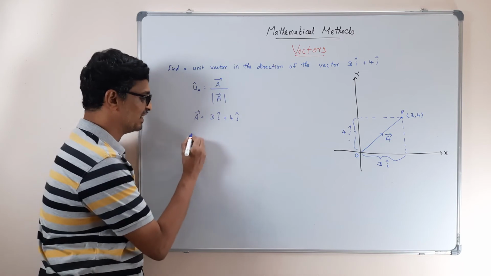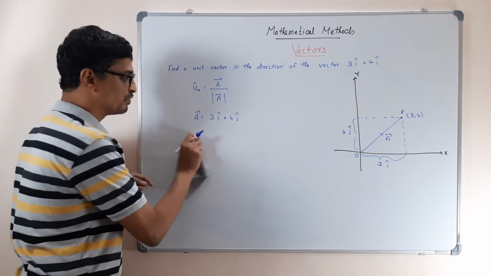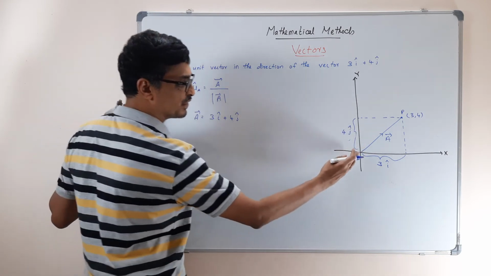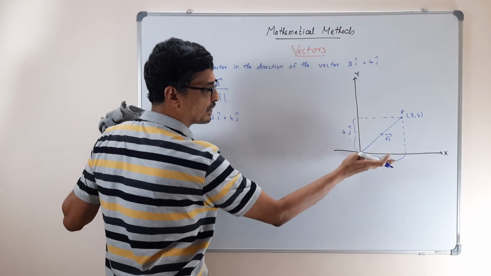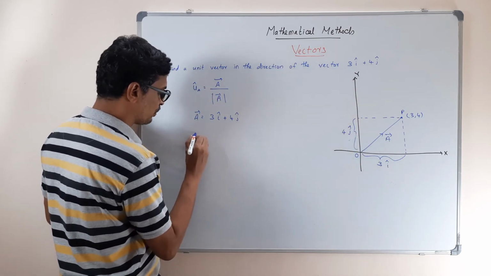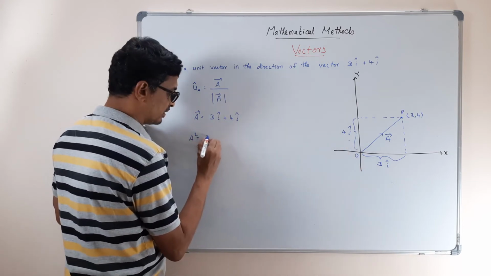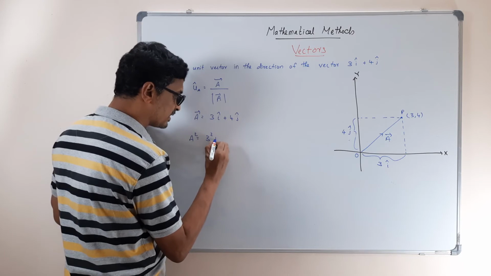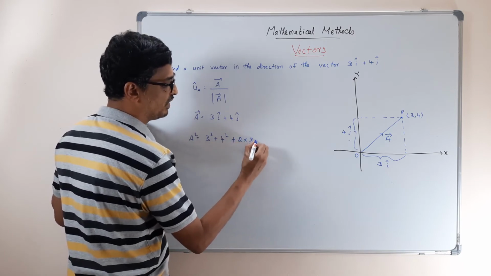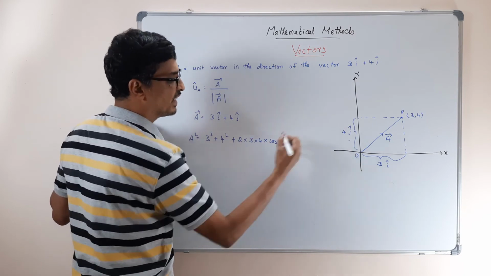So the magnitude of A, if you remember, we saw the parallelogram property. The magnitude of this vector will be this square plus this square. So magnitude A square will be equal to 3 square plus 4 square plus 2 into 3 into 4 into cos, here it is 90 degrees.